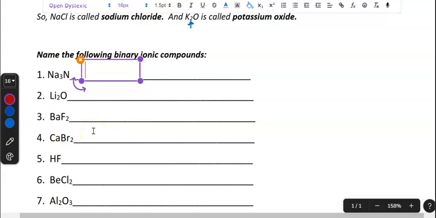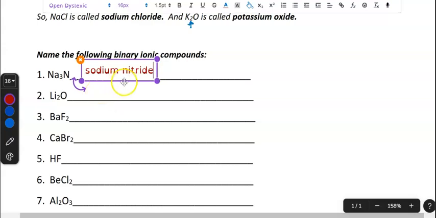So, we're just going to type in sodium. And now we have to name our anion, which is nitrogen. But remember that we need to change the ending of nitrogen to IDE. So I'm just going to take off the last 4 letters here, and I'm going to change that to IDE, nitride.